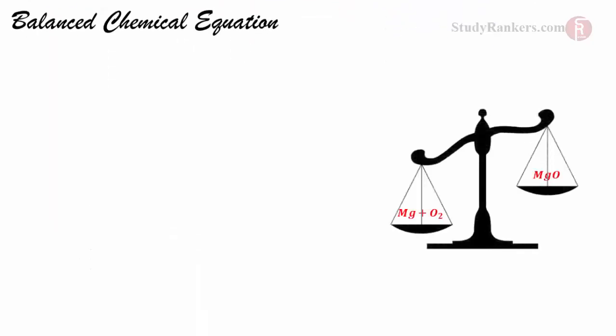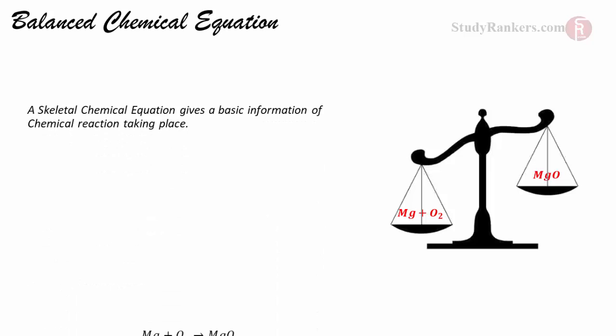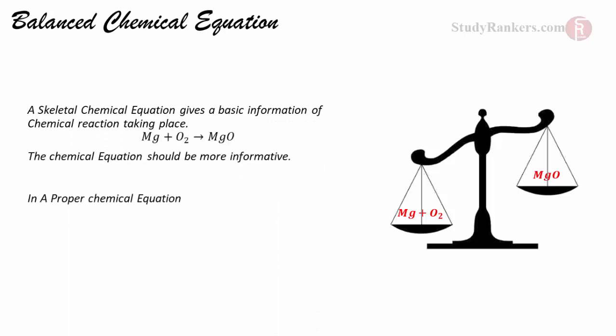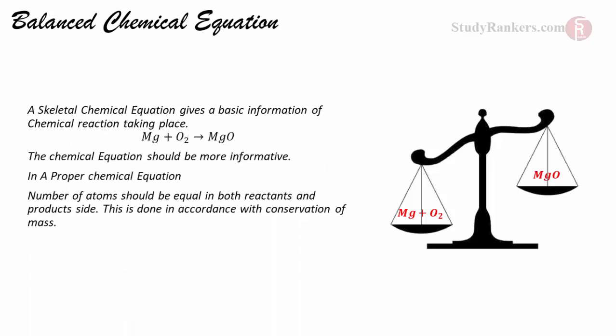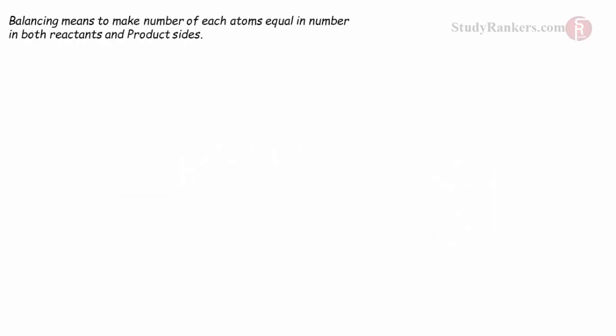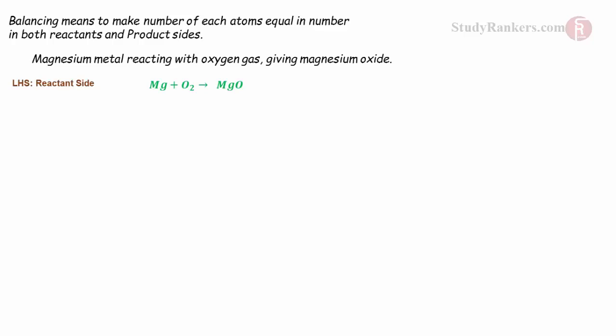But this is not a proper way to write a chemical equation. By conservation of mass, the number of atoms of each element participating in the reaction should be equal on both reactant and product side. But as you can see, the number of oxygen atoms is not the same on both sides.